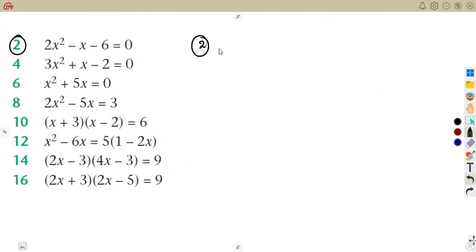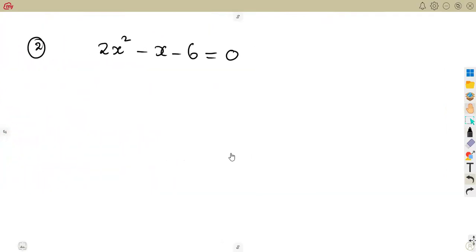Question number 2. We are given 2x squared minus x minus 6 is equal to 0. So the same concept, remember the case here is for us to apply the factorization method. I'm going to explain the factorization method for this part when this number is not 1.